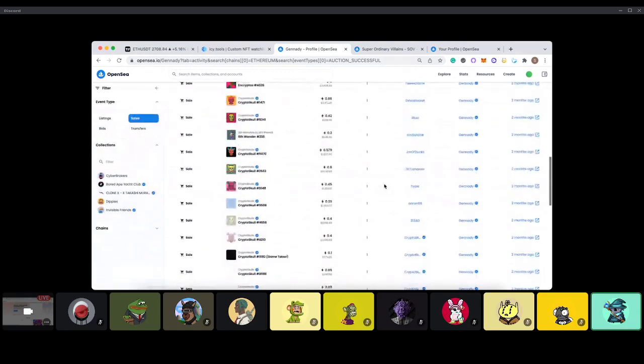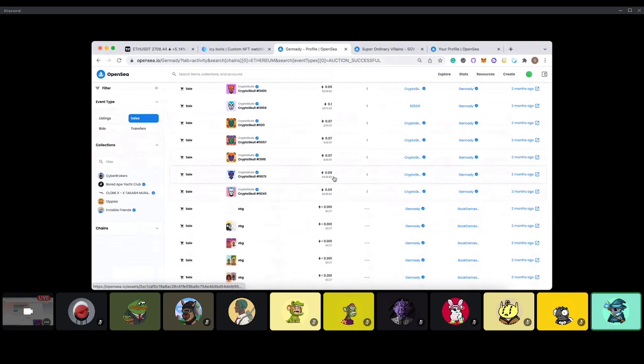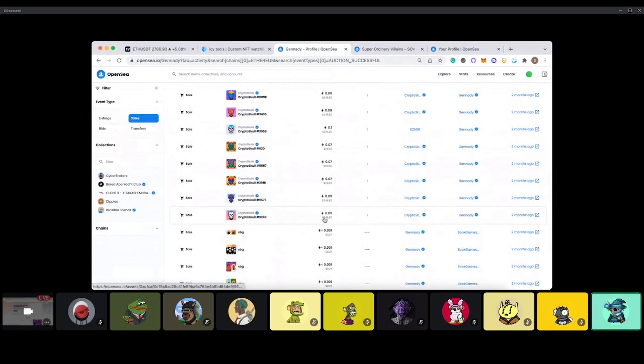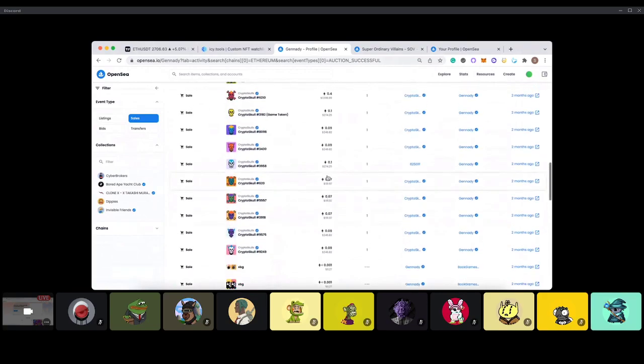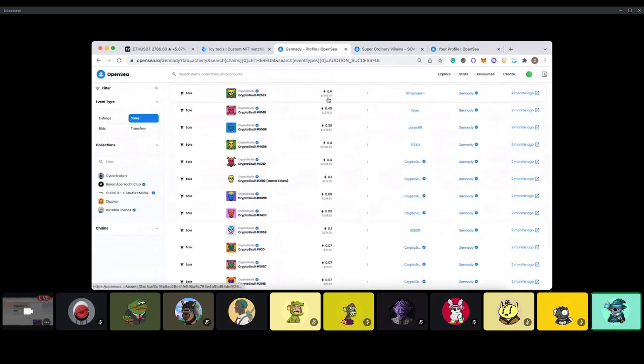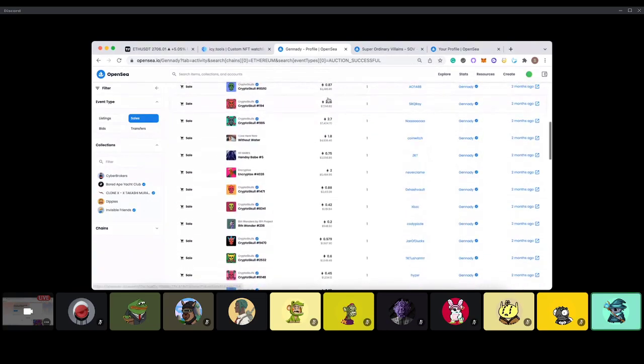I want to see what he was buying. Crypto Skulls reached a 4 ETH floor. Gary V was buying at 0.09. Look how many he bought, and he kept buying all the way to 0.5, 0.6. He kept buying. Then it reached 4 ETH when he did a Twitter space with the project.